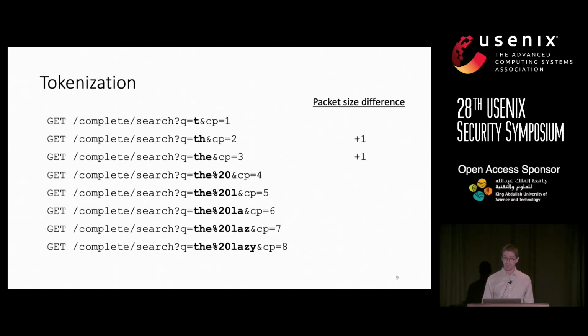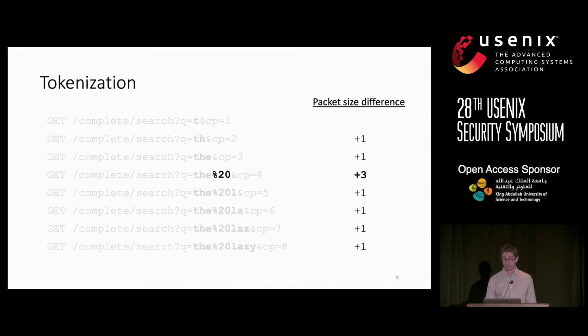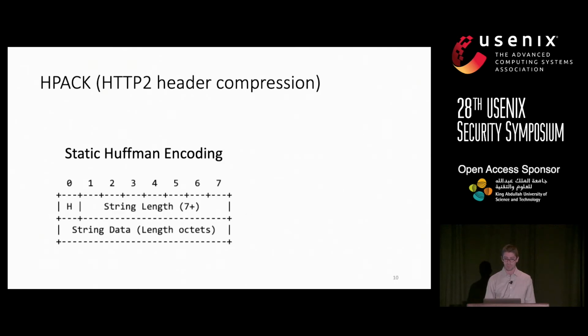When each character is added to the query, the packet increases by a byte, but when a space is pressed and added to the query, this adds an additional 3 bytes because that space ends up being an escaped character in the URL, so that turns into that %20. So we can pretty easily figure out the size of each word in the query, delineating words based on where those spaces occur.